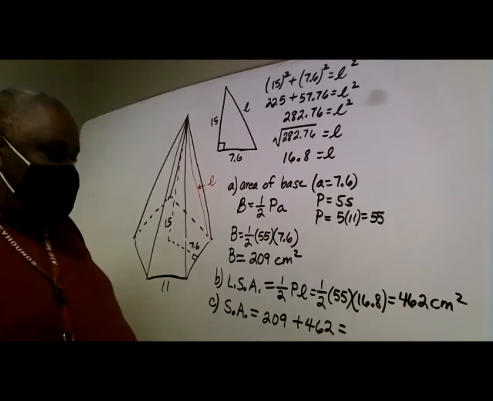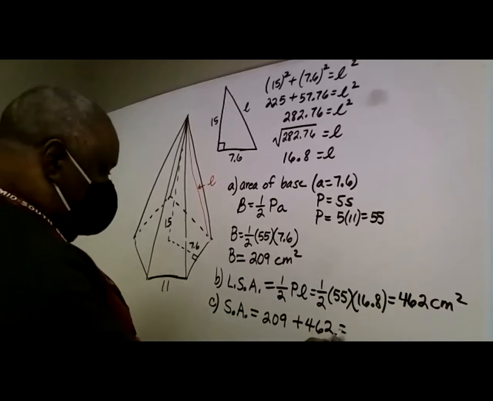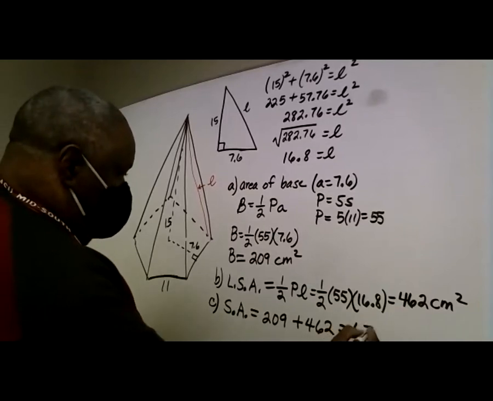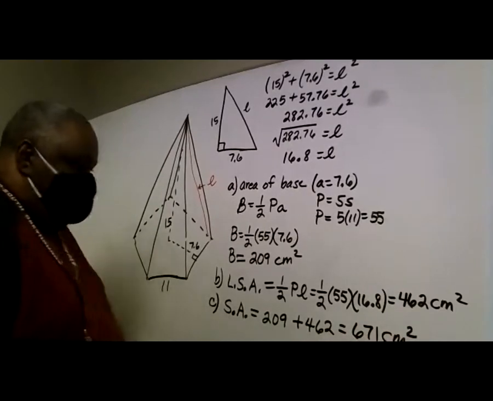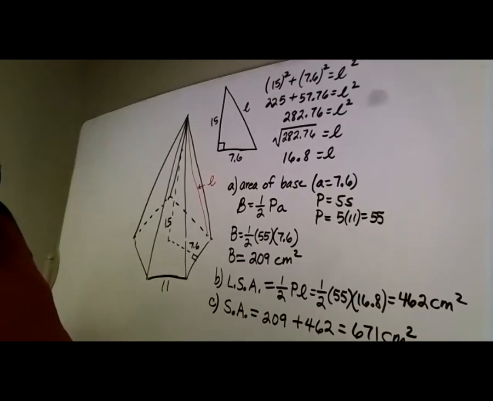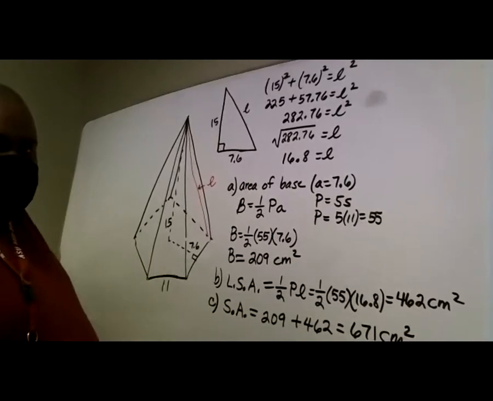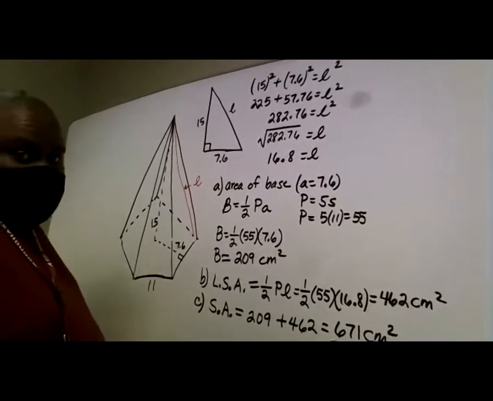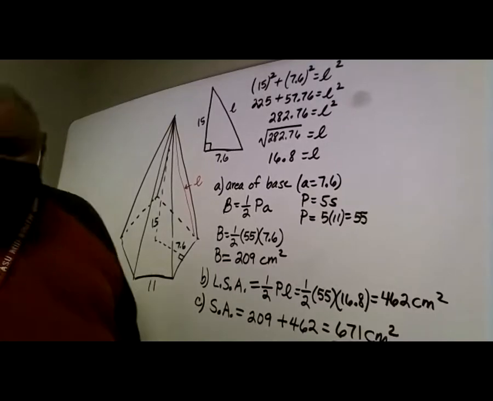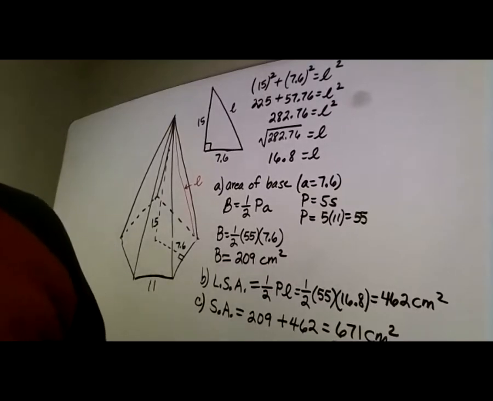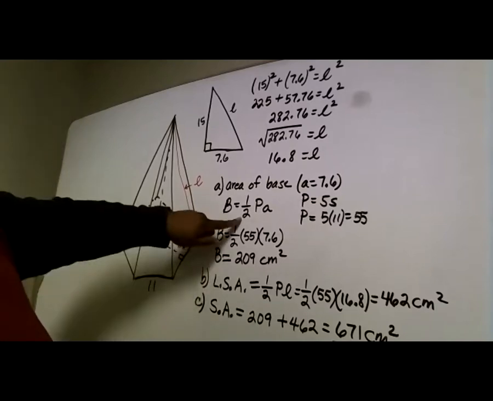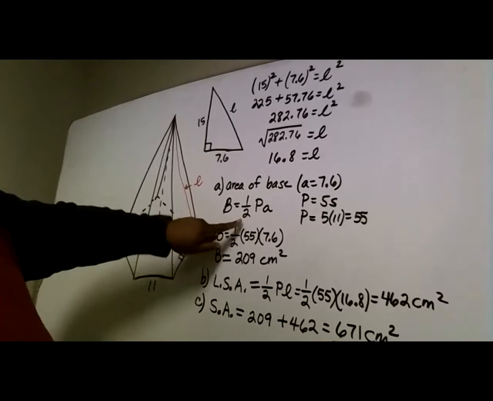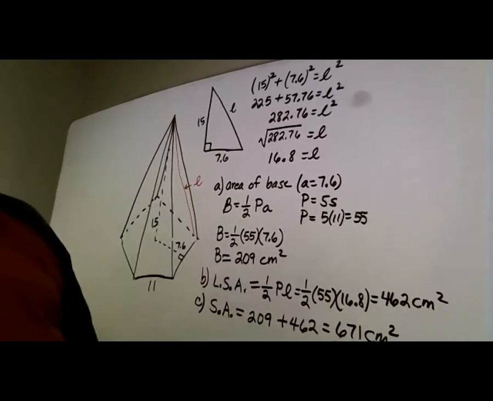So if I add 209 and 462, this will be 671. That's square centimeters. So that would be the surface area of that pyramid. Okay. 1/2 PA, that's the area of the base, plus the lateral surface area that we came up with in part B.